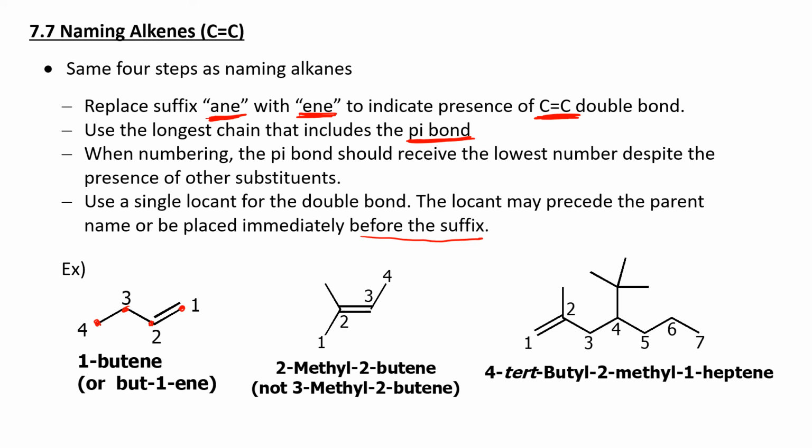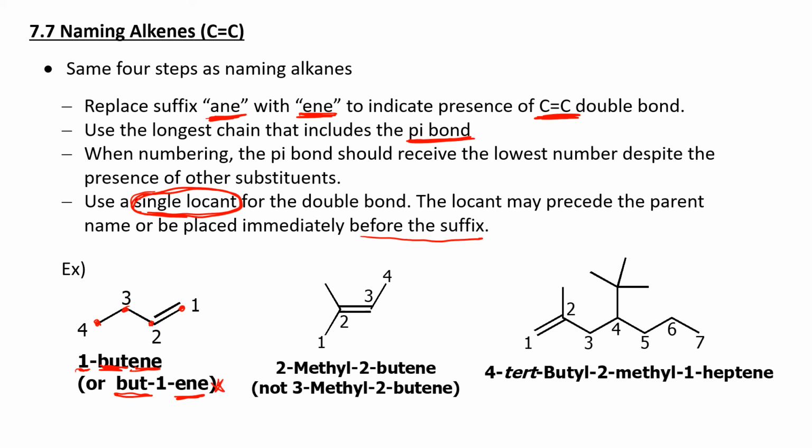It's 1-butene, right? We give the alkene a single locant. That's why it's 1-but for the parent chain and ene because we have a double bond. Or you could also do but-1-ene. This is sort of what I prefer.